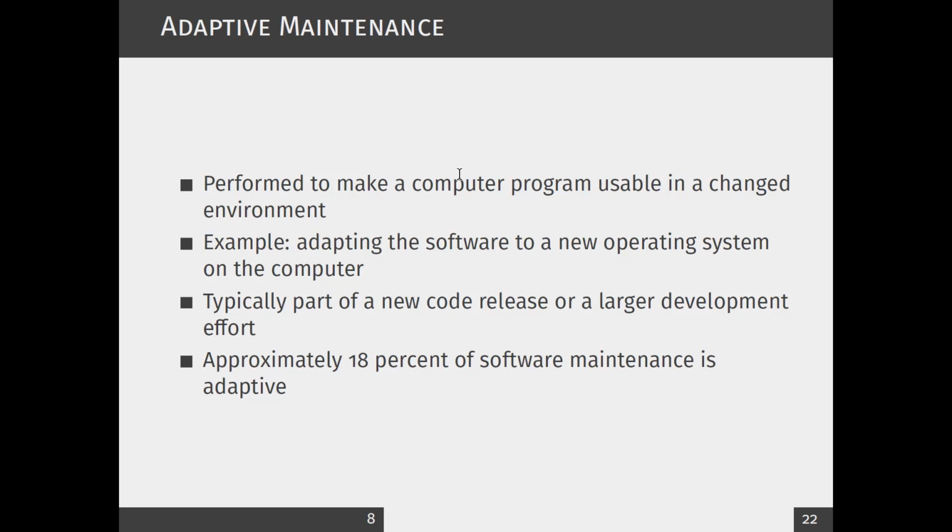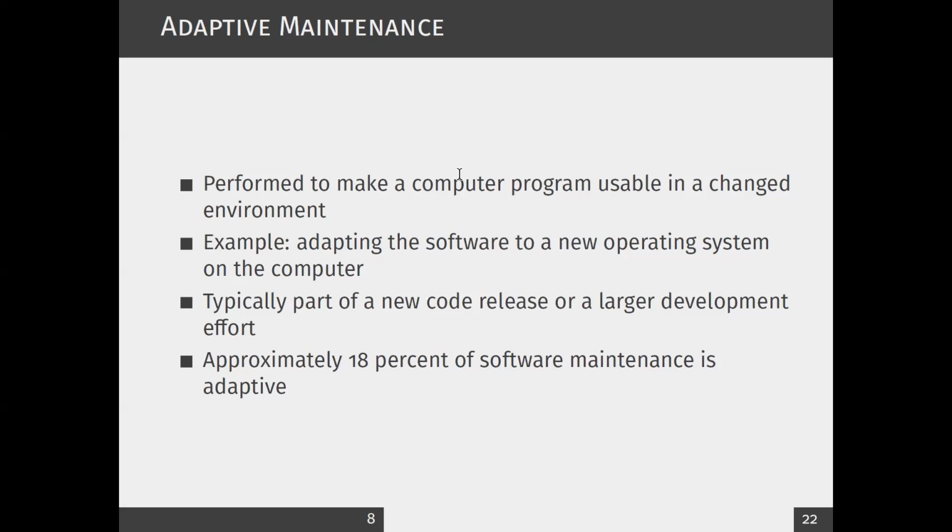Now, if you want to make it work on Mac, for example, the Apple operating system, then we can say it's adaptive. Or maybe you can change it to, let's say, Android. So when you want to change the environment, we call it adaptive maintenance.